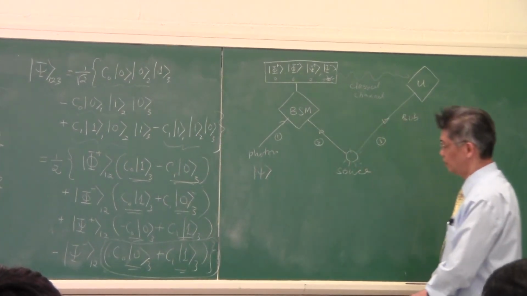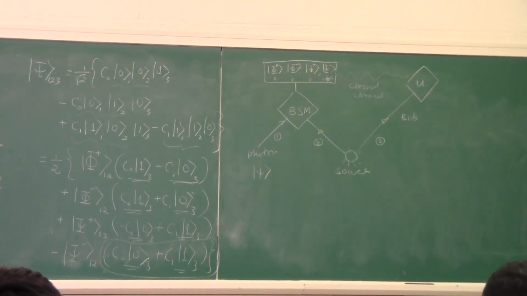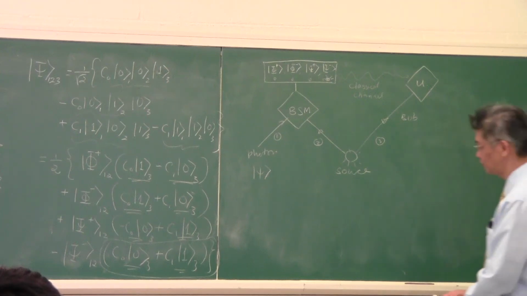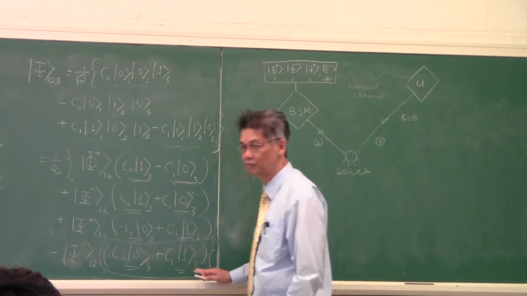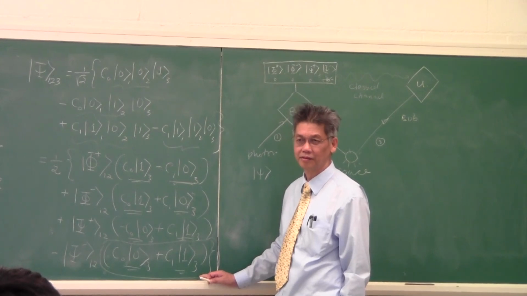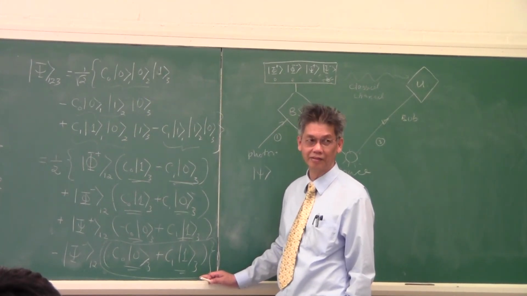If Alice tells Bob that photons 1 and 2 are in this state, then photon 3 must be in this state. Do you get it?